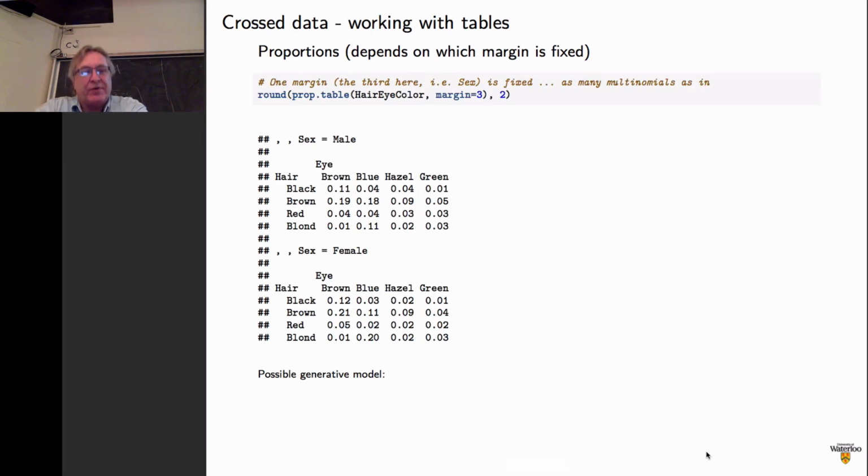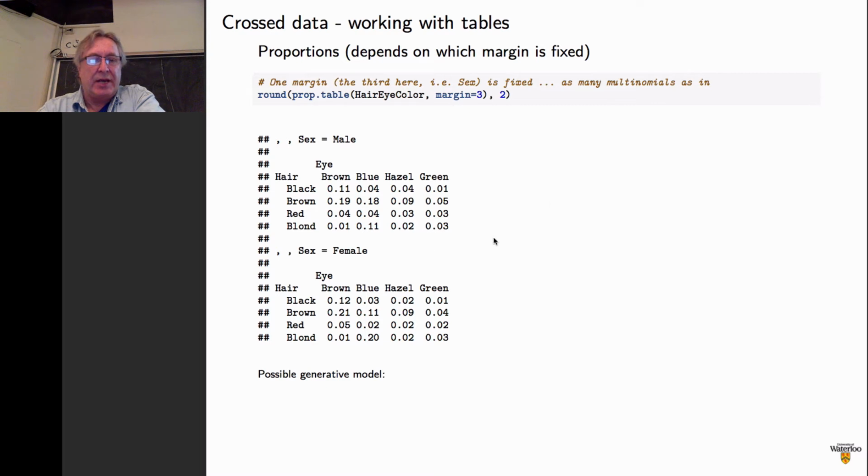So here, let's fix the third margin. So the sex is fixed. The third margin is the sex. That means the total is fixed for each of these two tables.